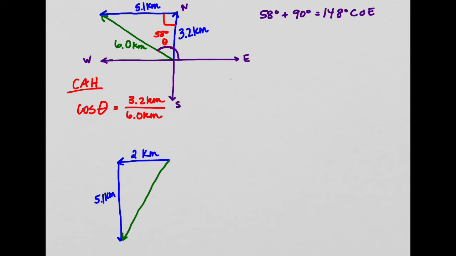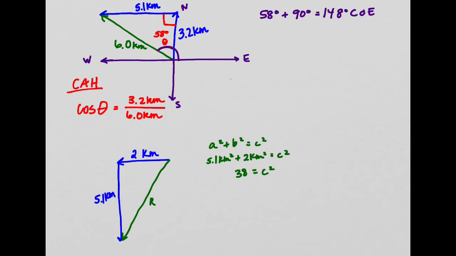First, I have to solve for the magnitude of my r here. In order to do that, I have to use Pythagorean's theorem. I'm going to say a squared plus b squared equals c squared. My a is just randomly going to be 5.1 kilometers squared, plus b squared is going to be 2 kilometers. Whoops, I did that wrong, but you get the point. 2 kilometers squared, and that's going to equal c squared. When I plug this into the calculator, I get 38 is equal to c squared.